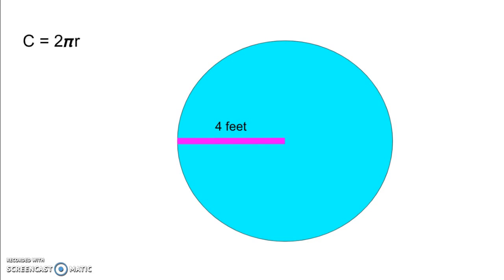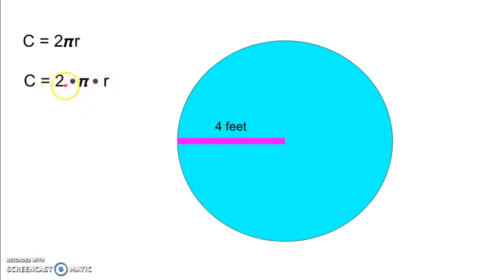We're going to use this formula right here. C equals 2 pi r. What does it mean when all those are touching? It means C equals 2 times pi times r. So we multiply all three of those, but we use our order of operations.